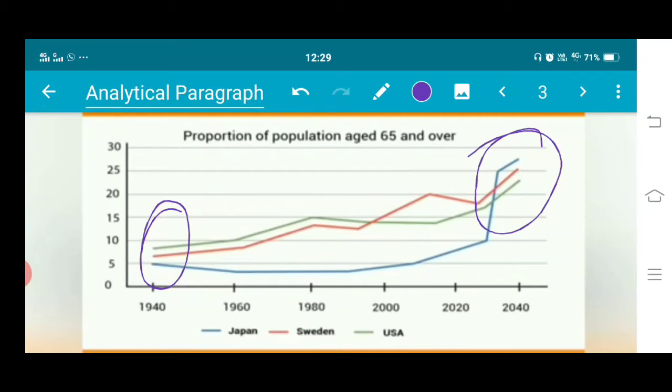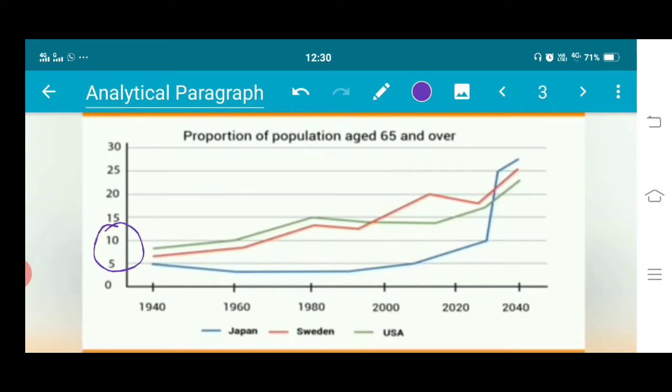Here you can see the lines are given between 5 and 10, which means the population rate, that is in percentage, we have to write down. The blue line is for Japan, which is near about 5 or 6 somewhere, we are not sure, but it is probably between 5 and 10, so we may take 5 or 6.